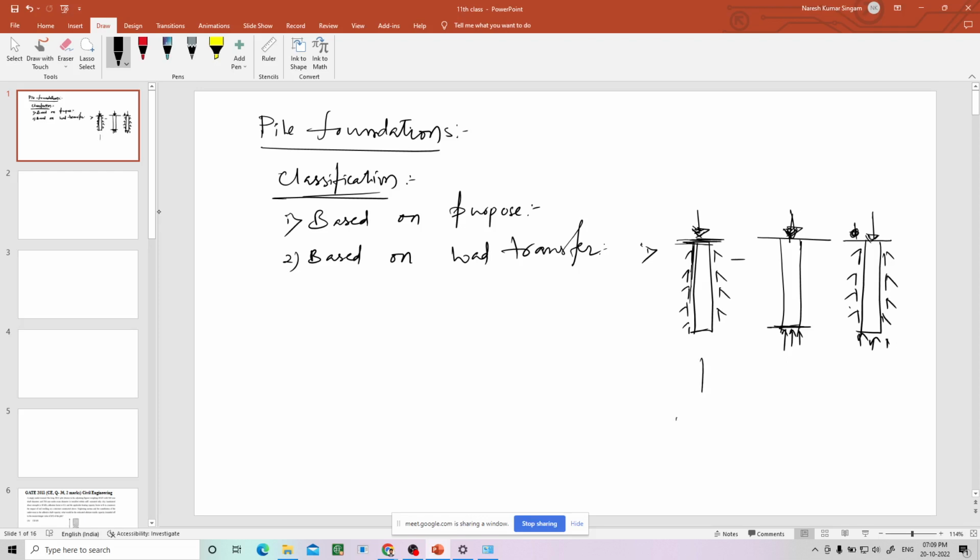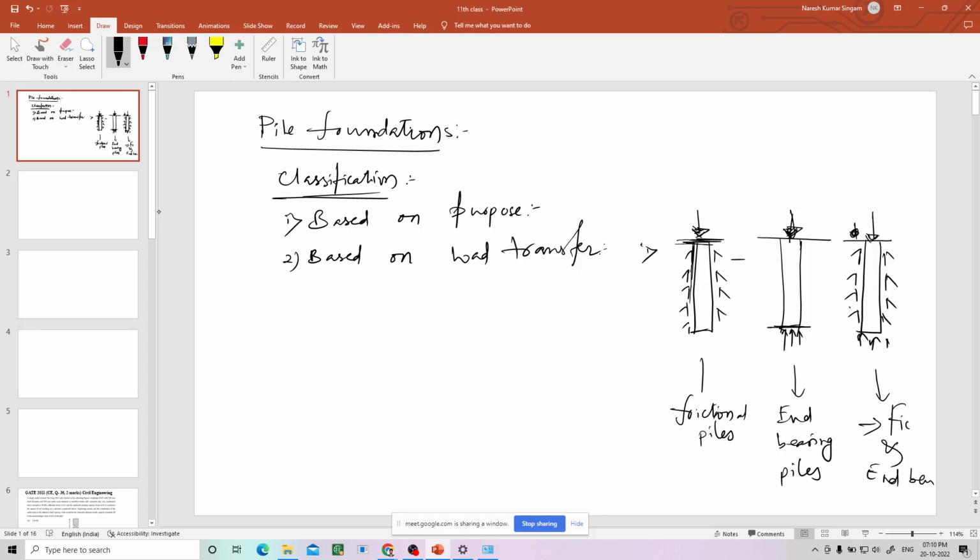These are frictional piles, and these are end bearing piles, and these are both. You can write frictional and end bearing both.